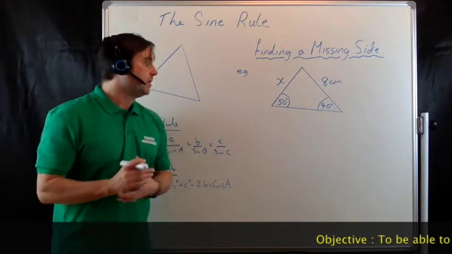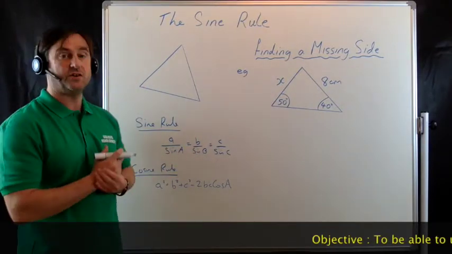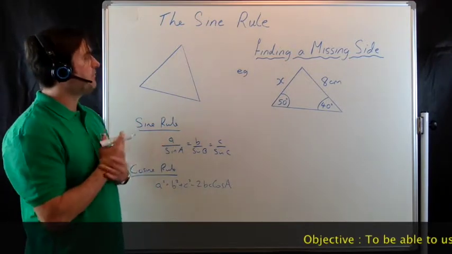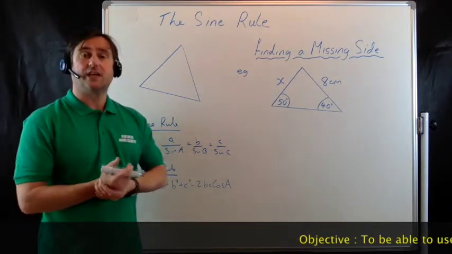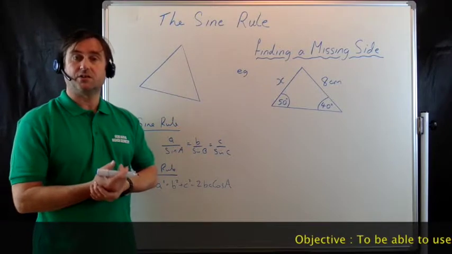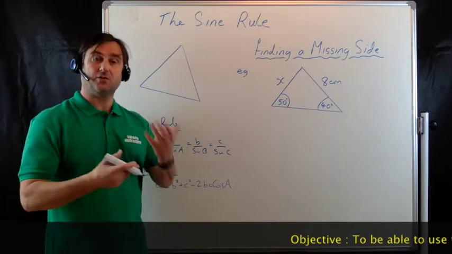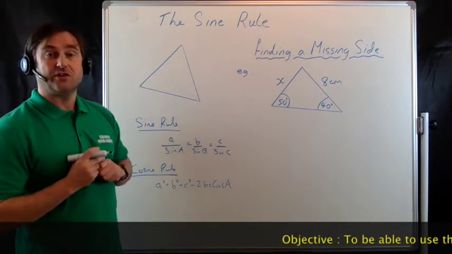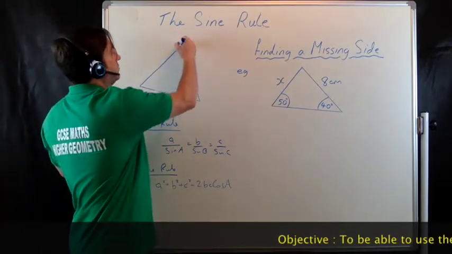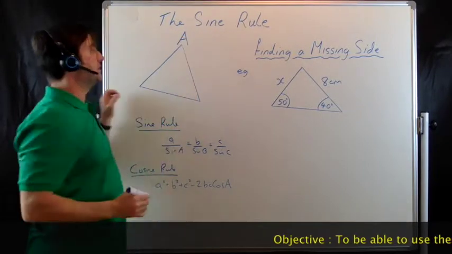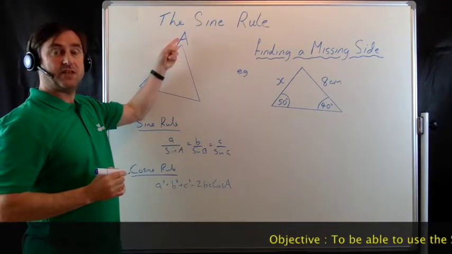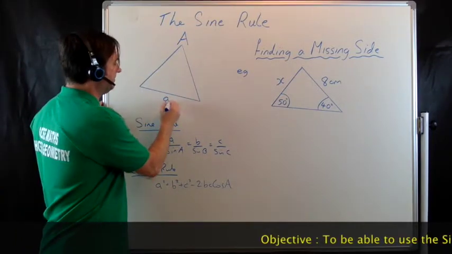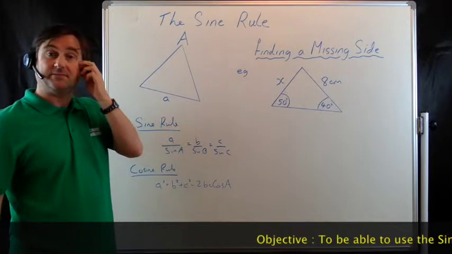Now, we're going to use the sine rule first of all to work out a missing side. But before we can do that, you've got to learn how to label the triangles, because it's totally different to basic trig where we labelled it opposite, hypotenuse, adjacent. If we've got a scalene triangle, we label the angles as uppercase, and we label this angle uppercase A. The side that's opposite to that is labelled as lowercase a.